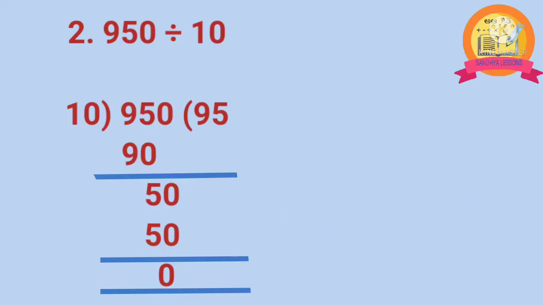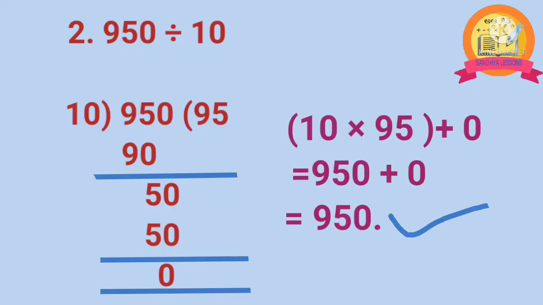After dividing 950 by 10, we get 95 as quotient and 0 as remainder. For verification, by applying the formula, 10 multiplied with 95 plus 0 is equal to 950, where 950 is the dividend. So the answer is correct.